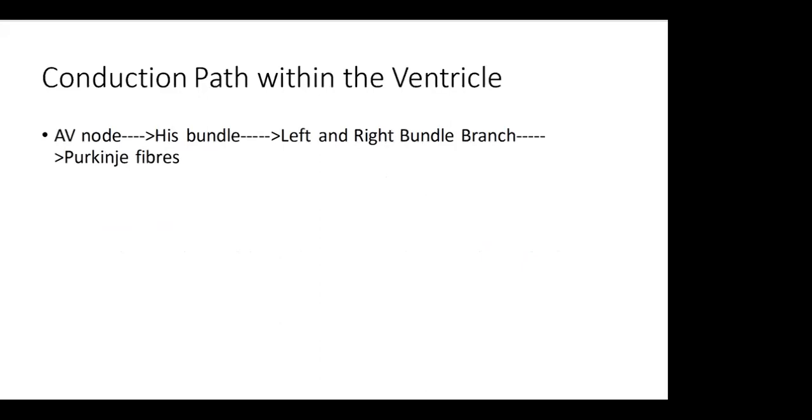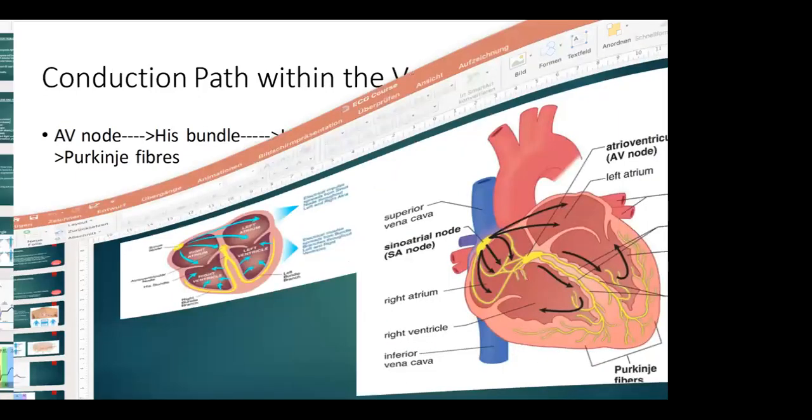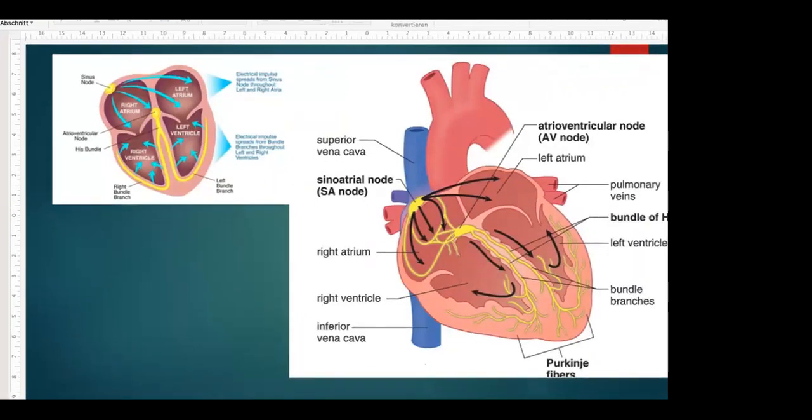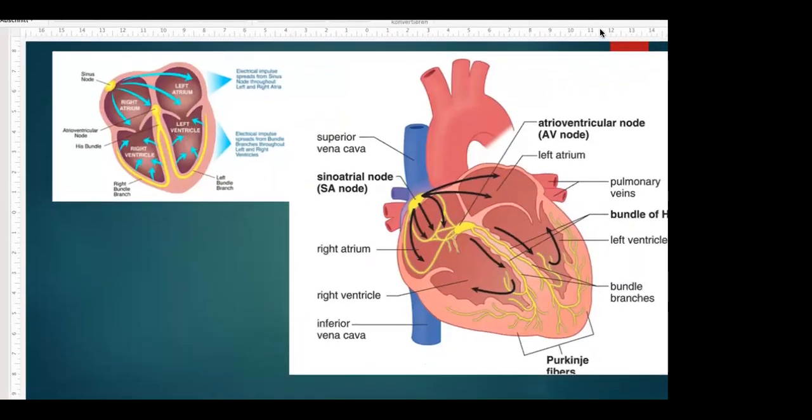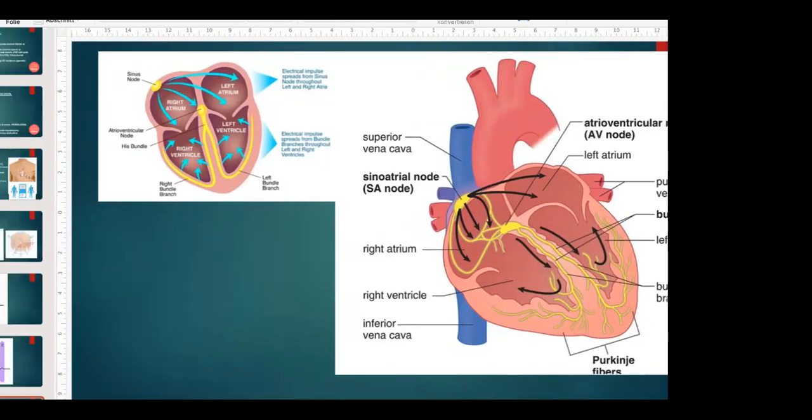I will stress it again. It's very, very important to familiarize yourself with the conduction path within the atrium and also within the ventricle, because for us to understand the pathophysiology, we have to understand the conduction path, whether you've been woken up at midnight or at whichever time.